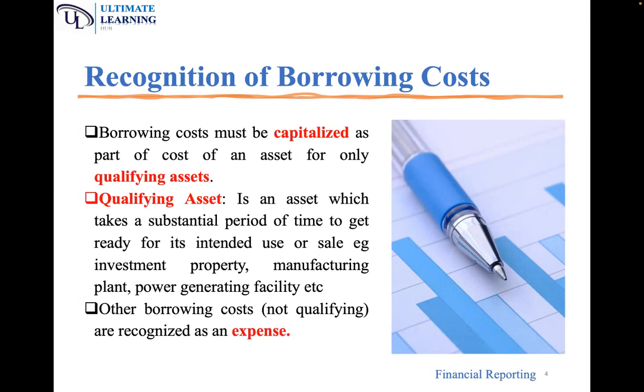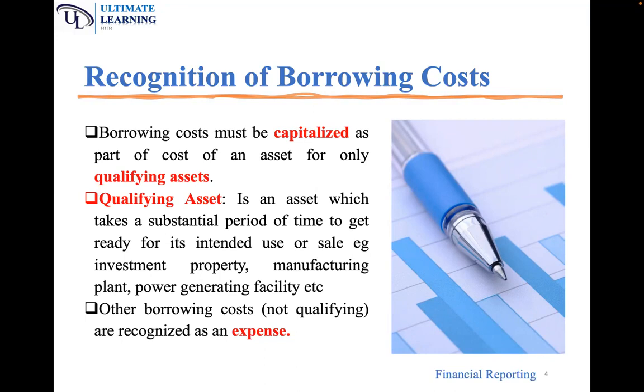So, for example, if it's interest you paid on a loan that you used to construct a house. So that house, once you construct it, you add all the costs you incurred to construct the house, and then also you add interest on the loan you borrowed to finance the construction of the house.